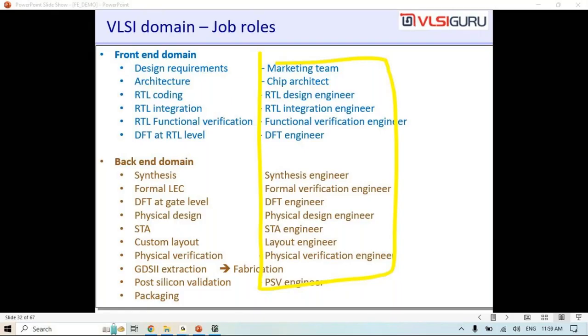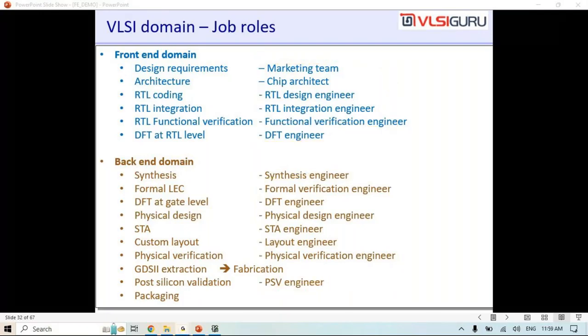Here also: architect, RTL design engineer, RTL integration engineer, functional verification engineer, DFT engineer, synthesis engineer. So different roles are there even in VLSI. You have to choose a domain which is of interest to you.